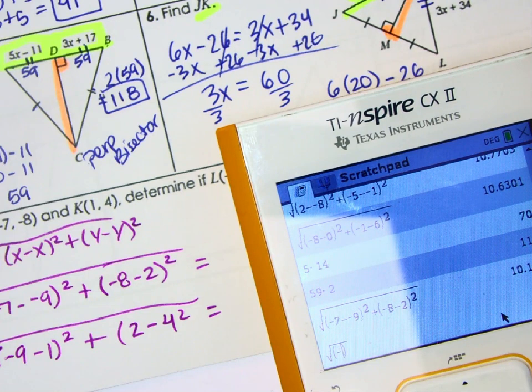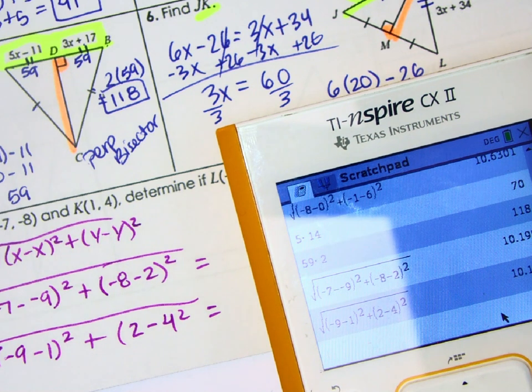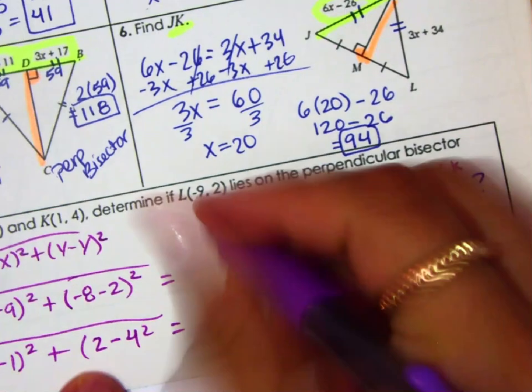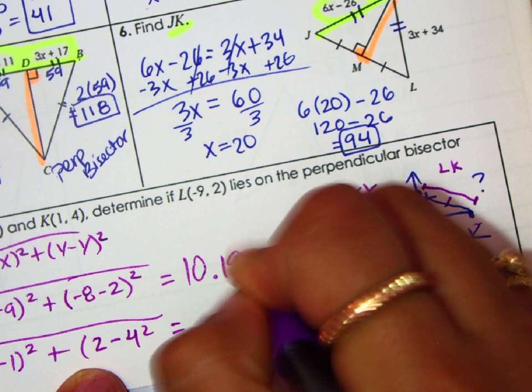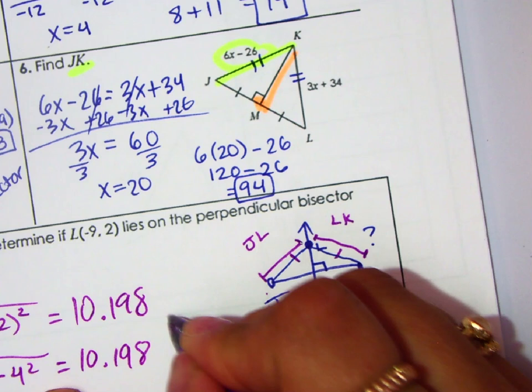We have -9 minus 1 squared plus 2 minus 4 squared. And these do result in the same answer, 10.198, 10.198. So we're going to say yes.